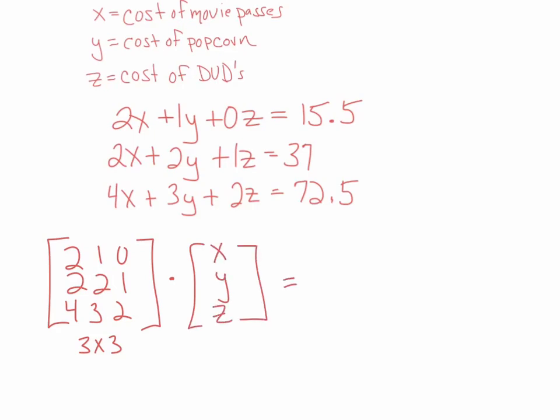And then that's equal to your constant matrix, which is 3 by 1. So we'll do 15.5, 37, and 72.5. I would call this matrix A, call this matrix B. And we're going to go ahead and solve for x, y, z. And I'm going to let you do that.